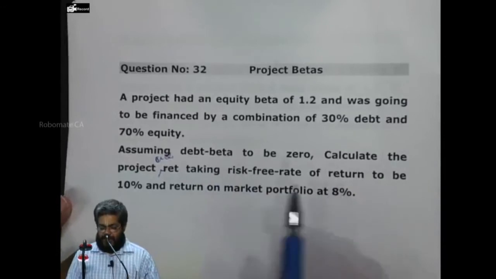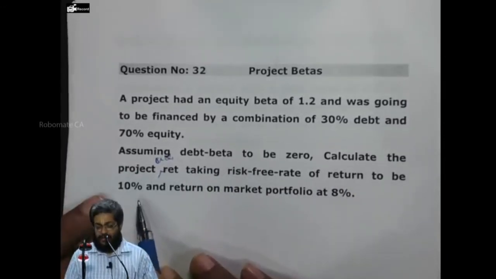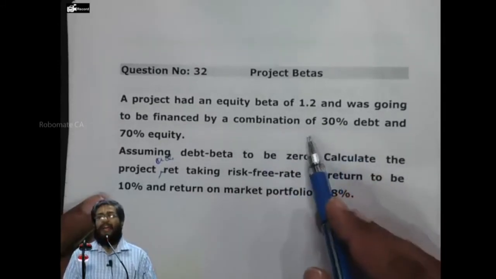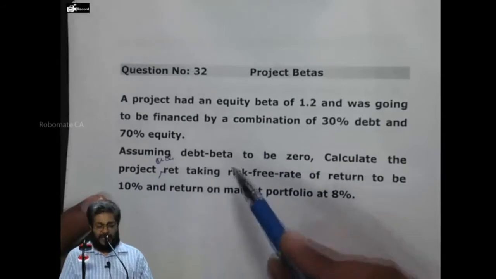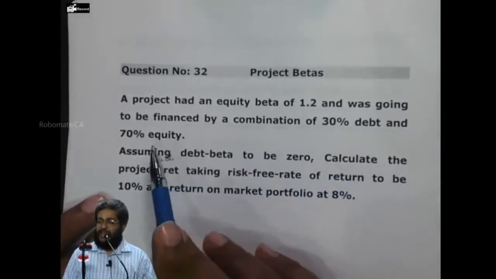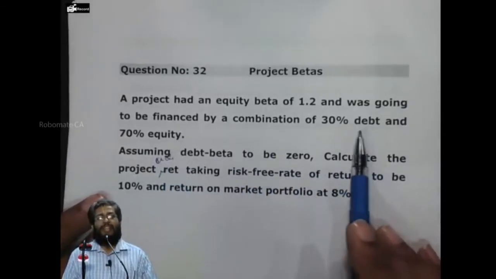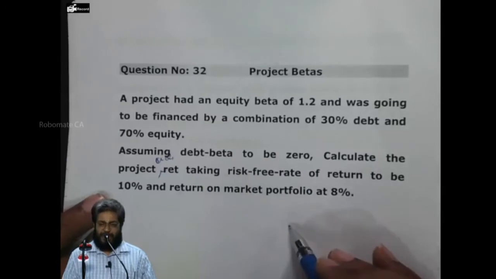The cost of debt is given as how much percent? 10%. And then you have to do the WACC calculation: source, proportion, cost, and then weighted cost. The sources are equity and debt. The proportion of equity is 0.7. The proportion of debt is 0.3. We have calculated KE using the SML equation.